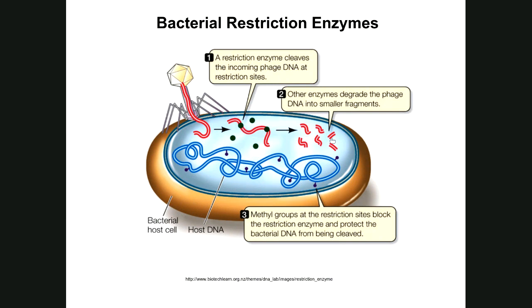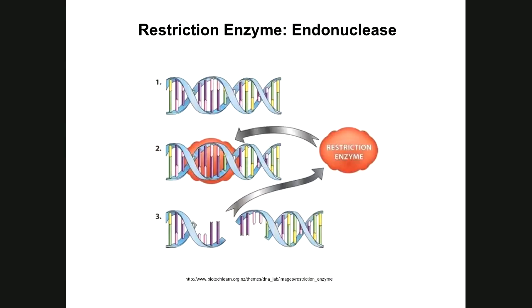This fascinated scientists. Eventually they found out these restriction enzymes are proteins, so they backtracked and identified the genetic information that codes for these enzymes. Some of these restriction enzymes are what we call endonucleases.